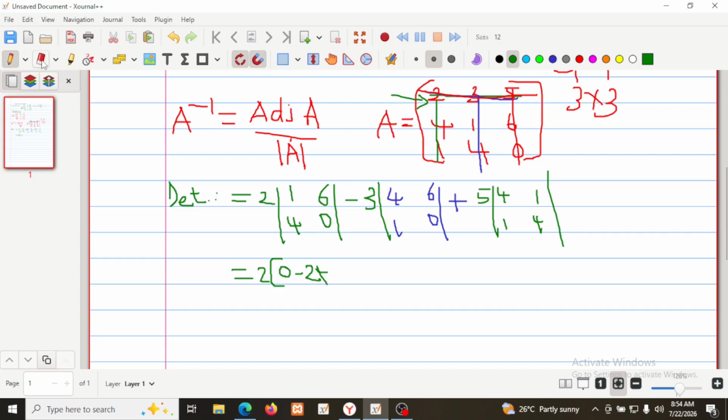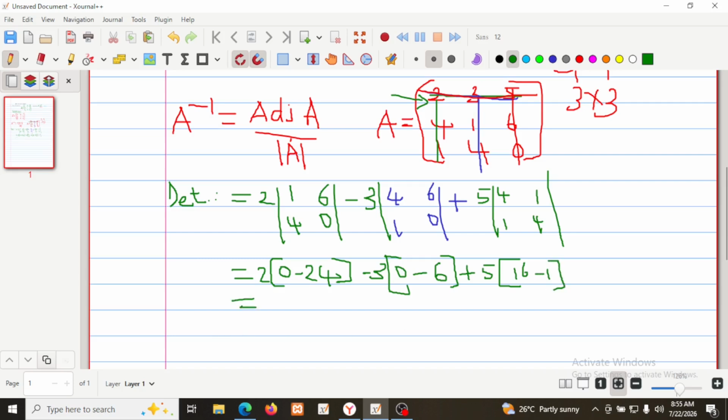So we have 24, like that, minus 3 times, 4 times 0 is 0, minus 6, added to 5 times, 4 times 4 is 16, minus 1.